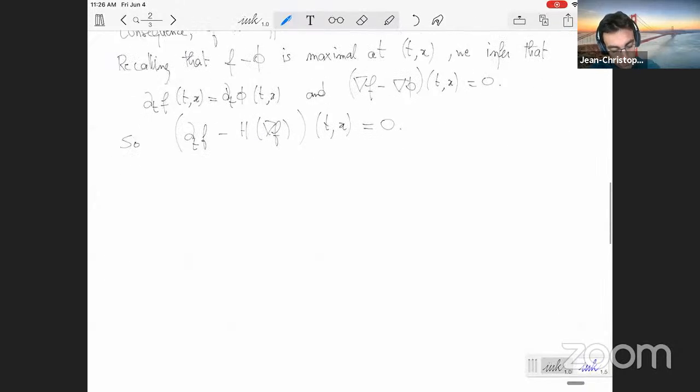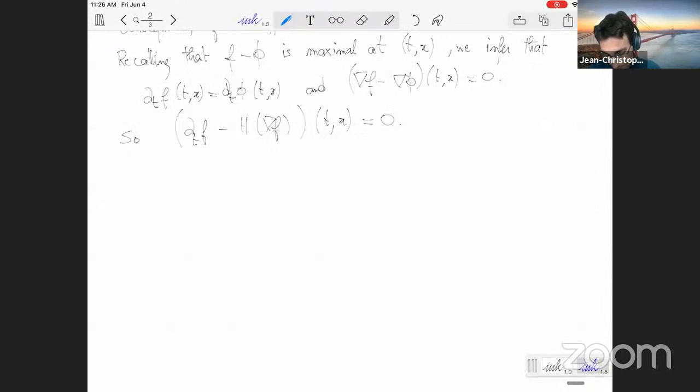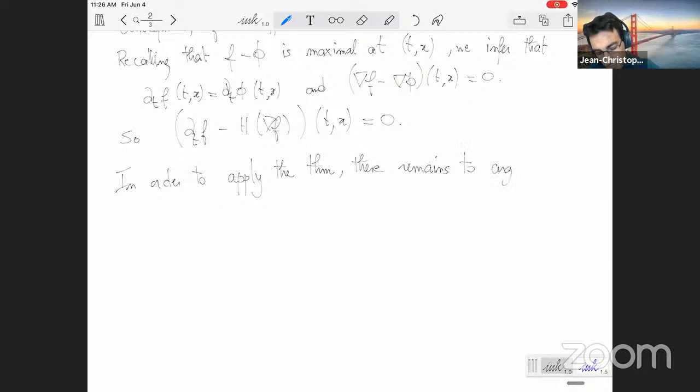So let's do this. So in order to apply the theorem, there remains to argue that this set of contact points is dense. So let me write explicitly what is this set of contact points.